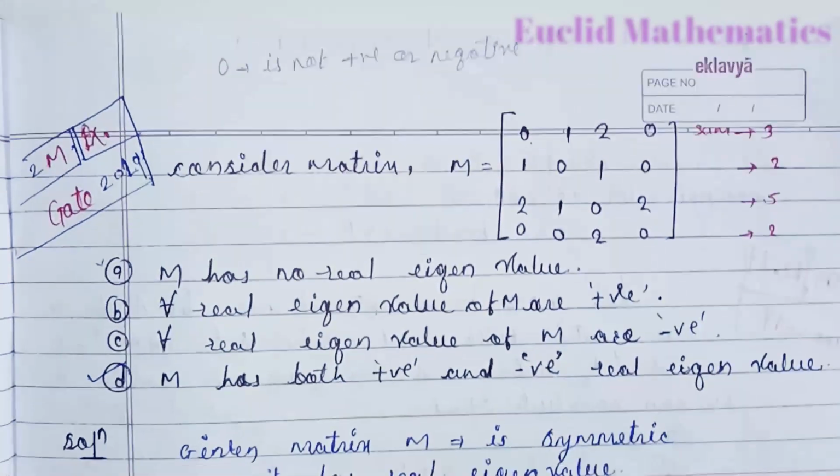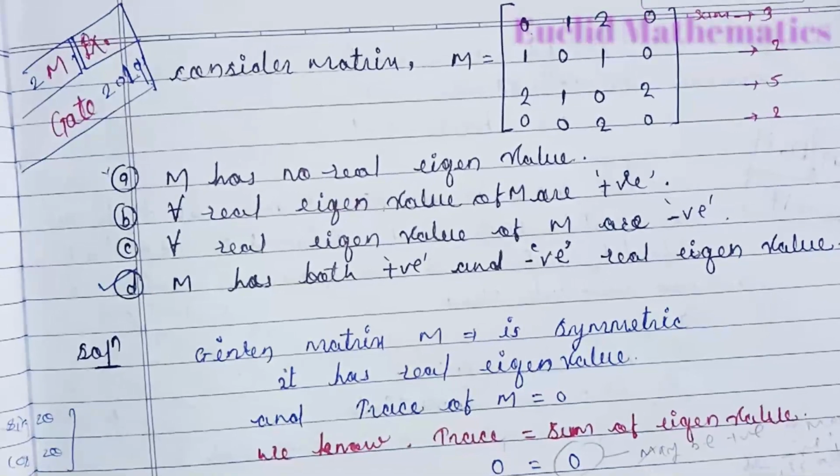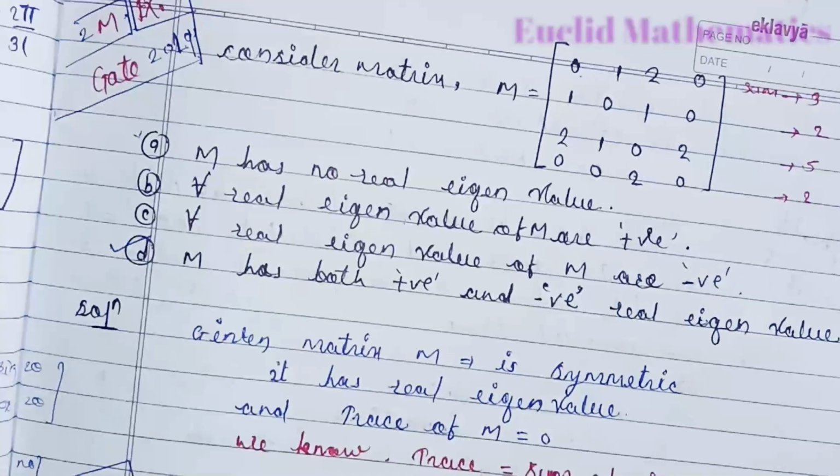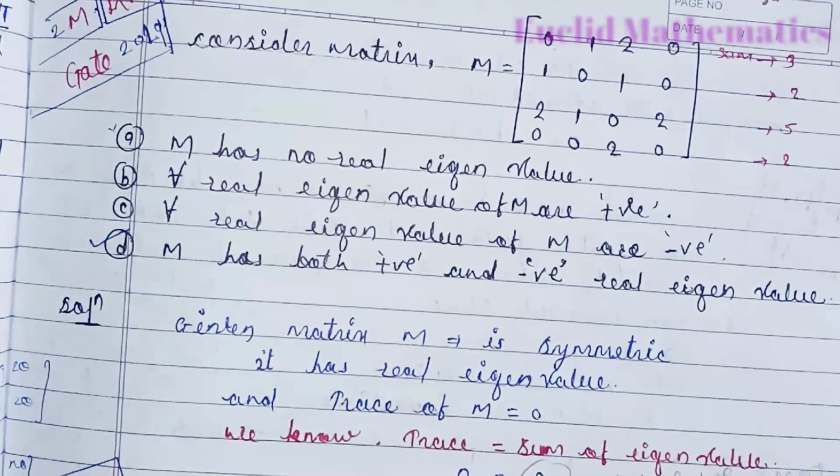We are given a matrix which satisfies A transpose equals A. When a matrix has A transpose equal to A, then we say that the given matrix is a symmetric matrix. This is the standard type of matrix. A symmetric matrix has the special property that the matrix and its transpose are equal.